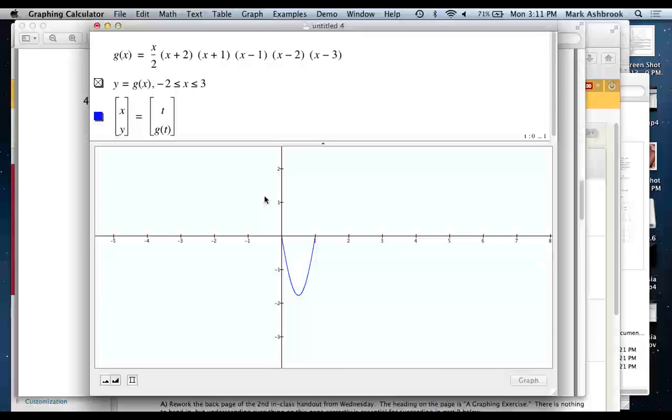Okay, what happened? Raymond. It only graphs when t is equal to 0 to 1. Okay, but isn't that the x-axis? That's the x-axis. Yeah. So why did it graph x from 0 to 1?